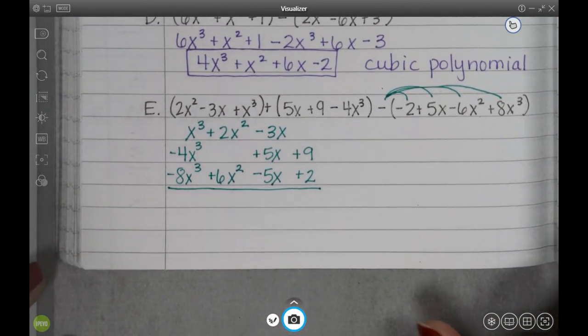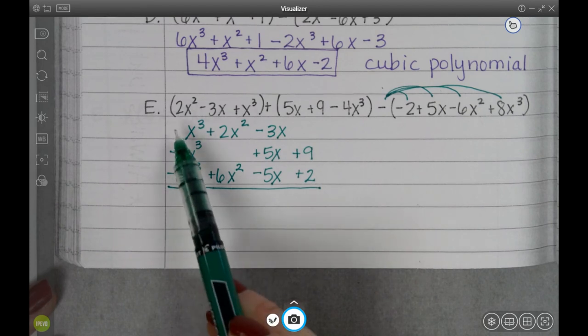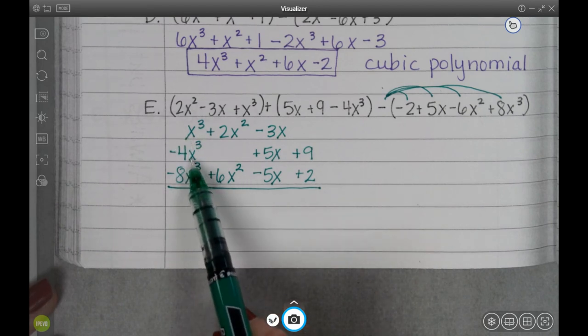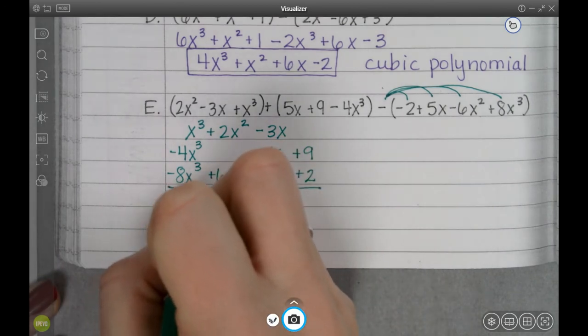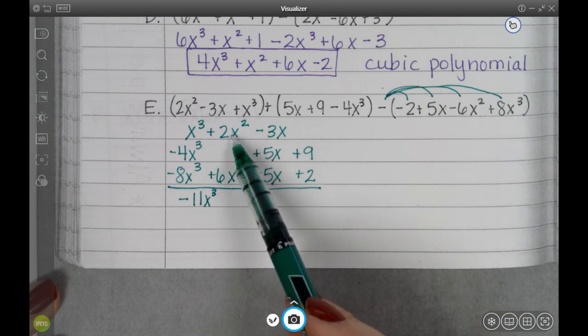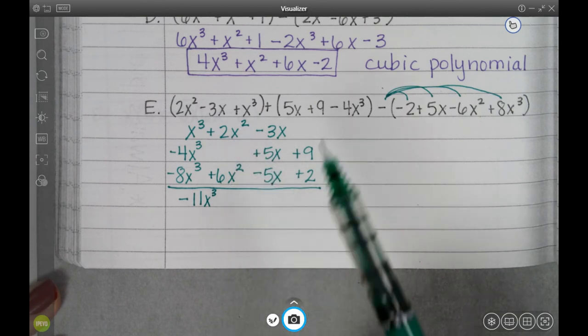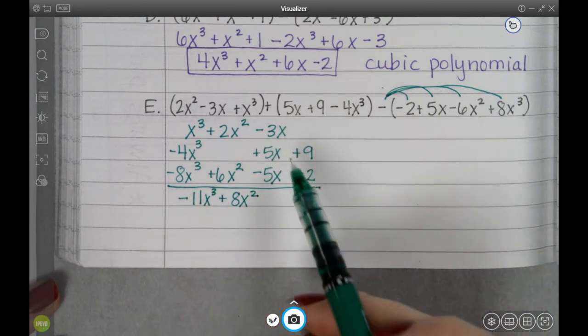So when I stack it vertically that way, it's way easier to see your like terms. So right here, I'm going to have 1x cubed minus 4x cubed, which is negative 3, minus 8 makes it negative 11x cubed. 2x squared plus 6x squared is plus 8x squared.